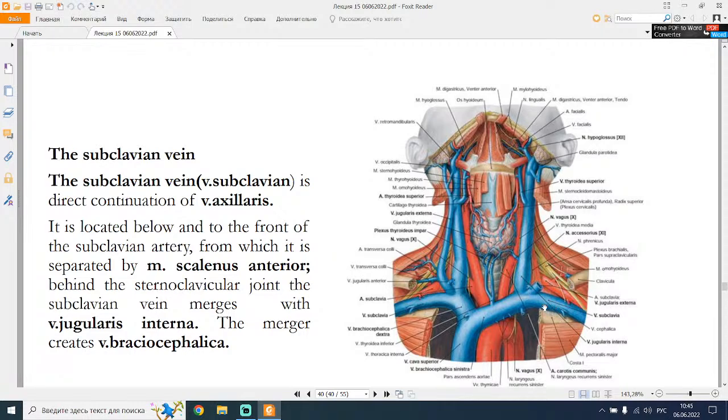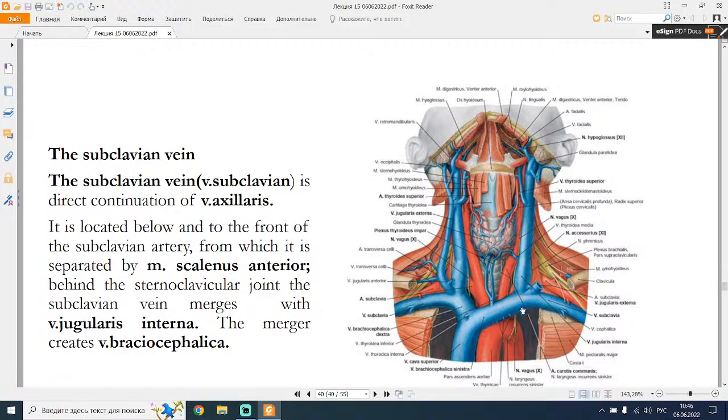It is located below and in front of the subclavian artery, from which it is separated by musculus scalenus anterior, behind the sternoclavicular joint. The subclavian vein joins with vena jugularis interna and creates vena brachiocephalica.